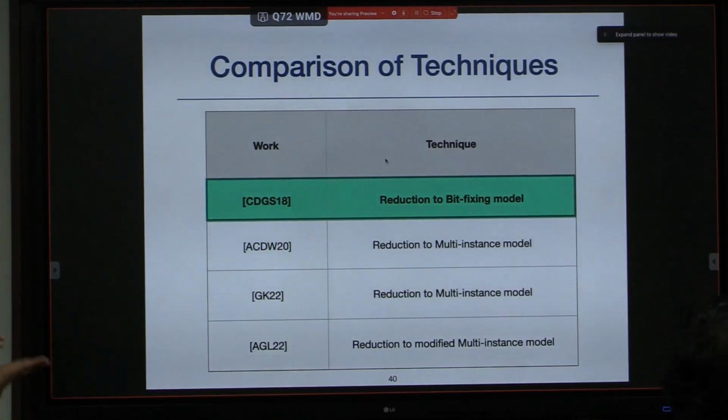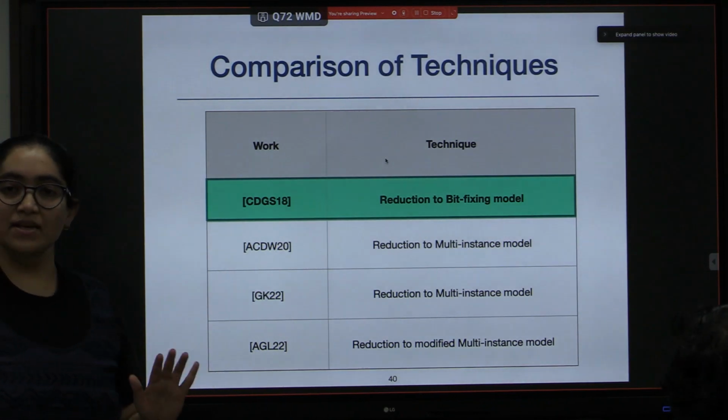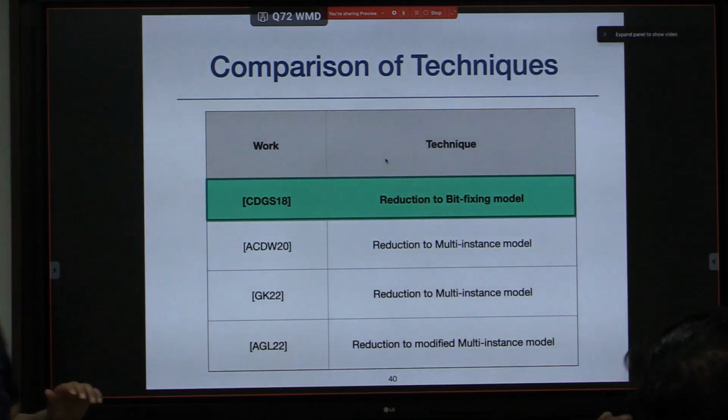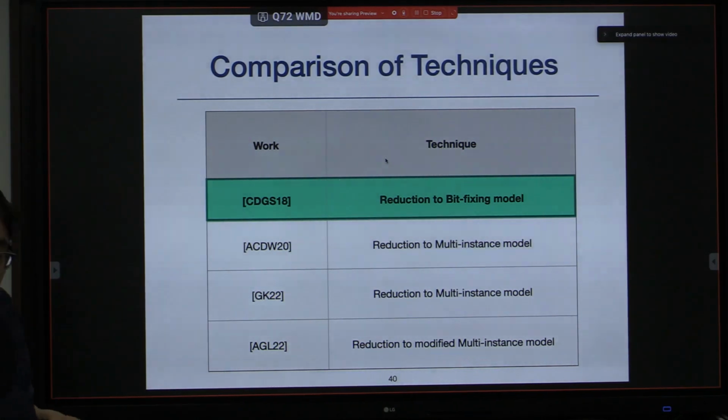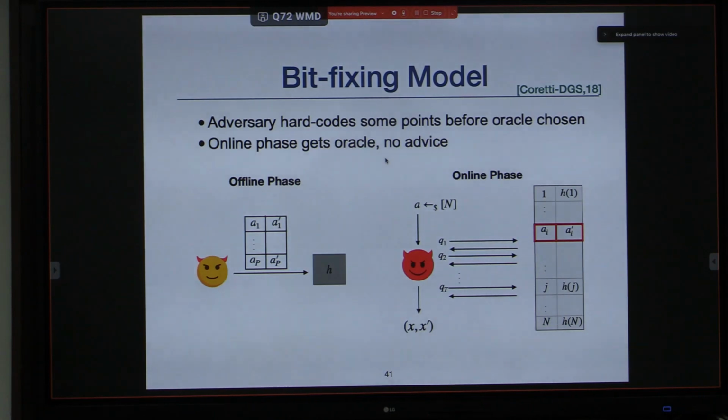On a very high level, I want to compare the techniques. In the Coretti et al. work, where they were looking at unbounded collisions, they reduced it to a model called the bit-fixing model, and I'll explain what that model is. In this model, the adversary works in two stages. In the first stage, it gets to fix some points in the compression function. Say it fixes input 1, input 2, input 3 and so on, it can fix whatever value it wants.